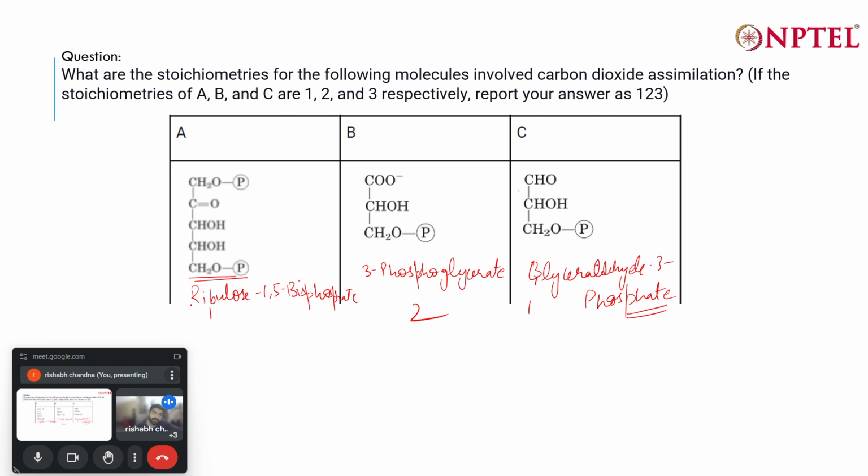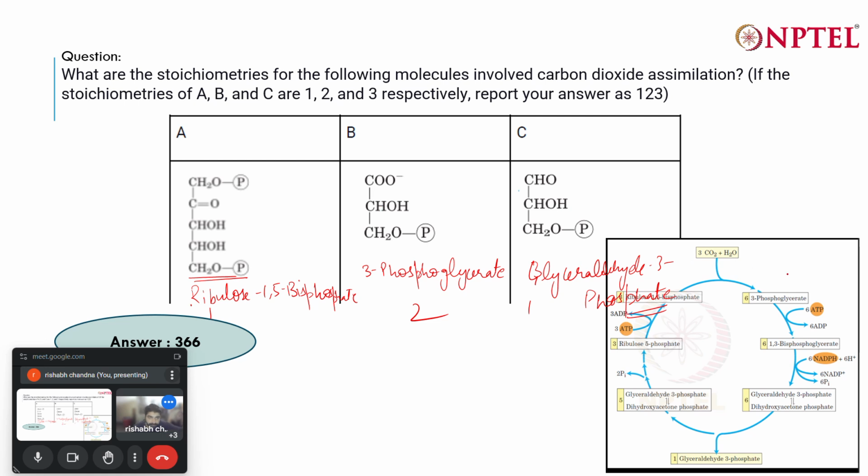Okay. Now in the carbon dioxide assimilation pathway, this is the pathway that happens. Three molecules of CO2 come in, and three molecules of ribulose 1,5 biphosphate attach with three molecules of carbon dioxide. That forms six molecules of 3-phosphoglycerate.